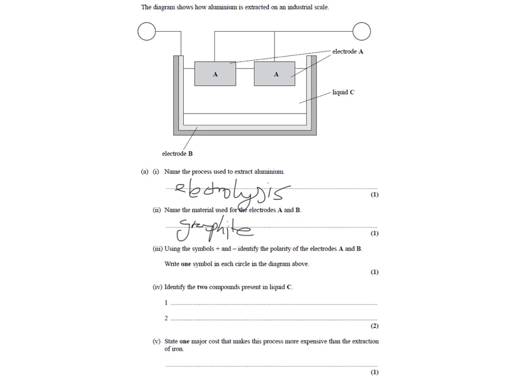Now, the next question asks us to identify the electrodes A and B. Initially, I always find a question like this confusing, but it helps me knowing if I identify the substance that's formed at the bottom as aluminium. Now, aluminium is a metal. Its ions that were floating around within the electrolyte are Al3+.